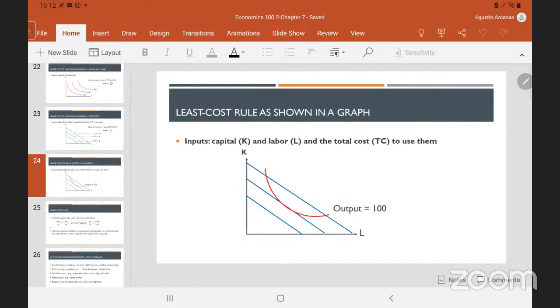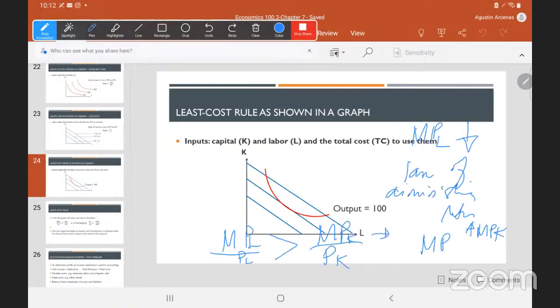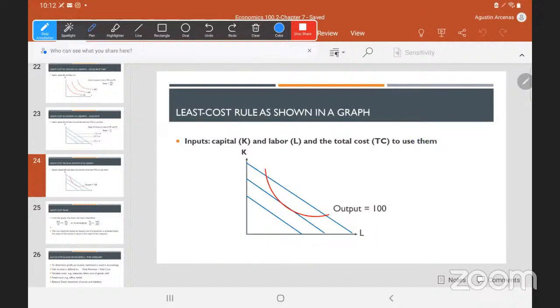At this point, the marginal product of... is satisfied. How? How do we know that?